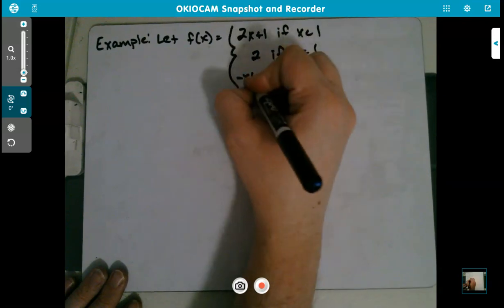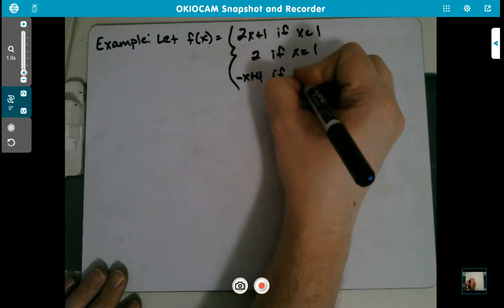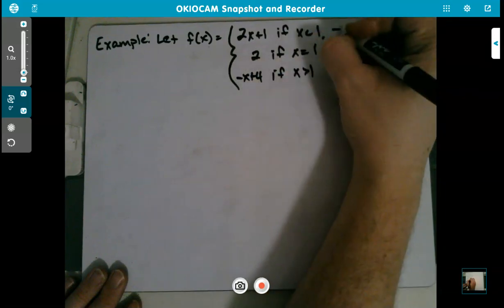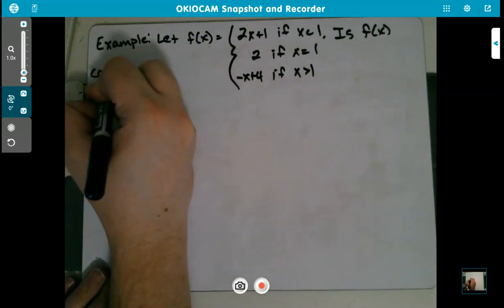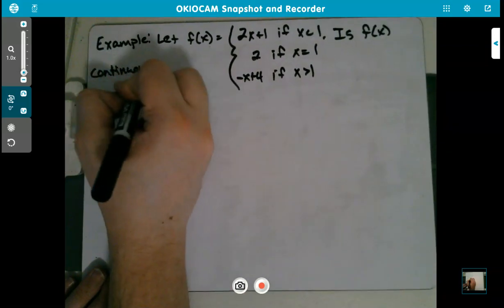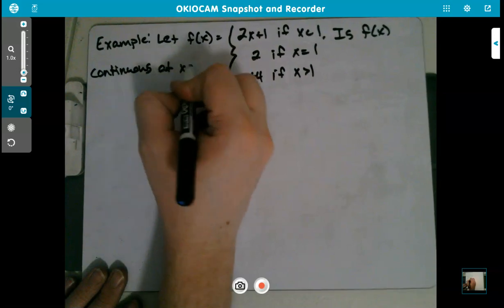And negative x plus 4 if x is greater than 1. Is f of x continuous at x equals 1?